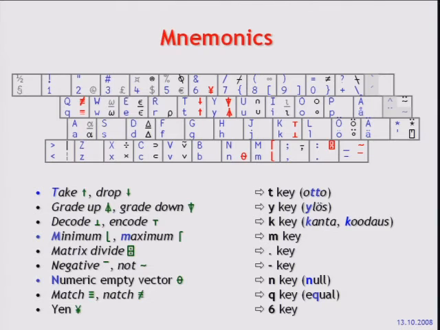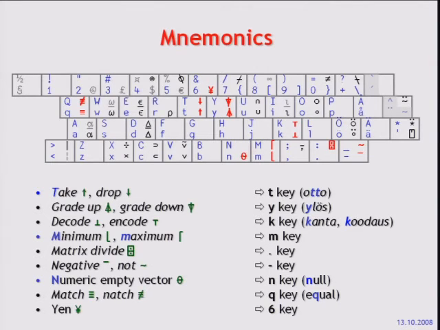And to be honest, most Finnish APLers call the function not otto in Finnish, but they talk about take. So it starts with T already. And because up and down arrows are there, you could put sorting on the next key. That goes pretty well.